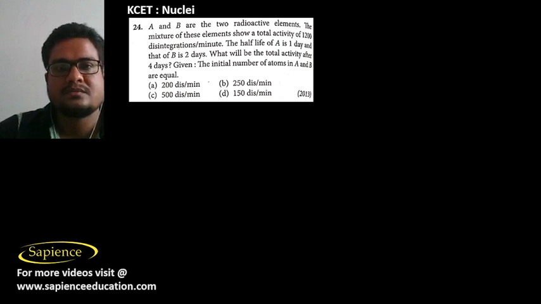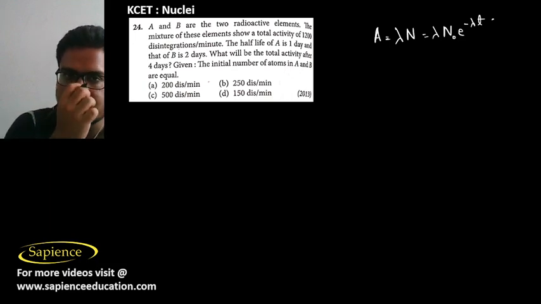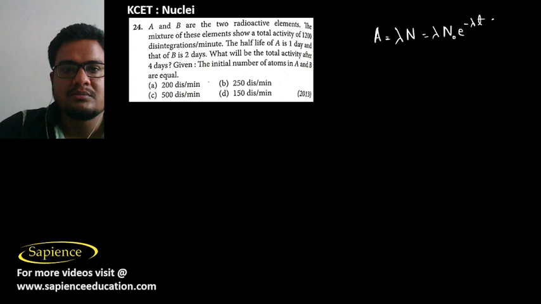So the activity is given as lambda times N, which is equal to lambda N naught e power minus lambda t, where lambda is the radioactive decay constant. The initial number of atoms of A and B are equal, so the number of atoms of A is N naught initially, and for B also it is N naught initially.